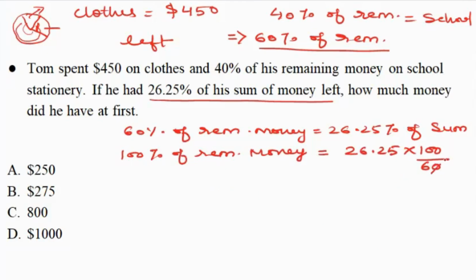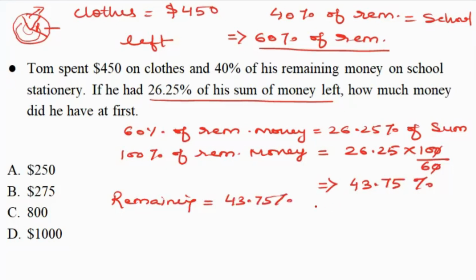So if we solve that way, what will we get? 100% of the remaining money, which means the remaining money should be 43.75% of the original sum, whatever the amount he had.